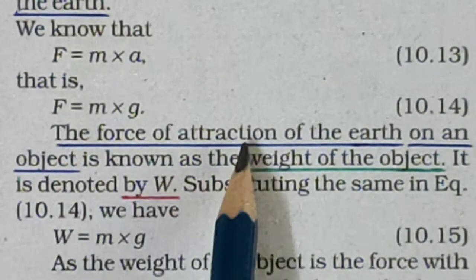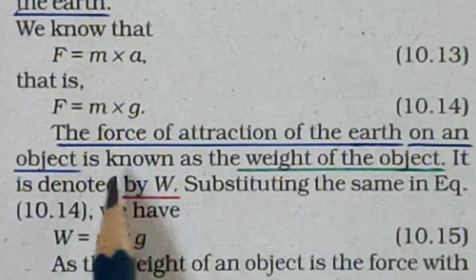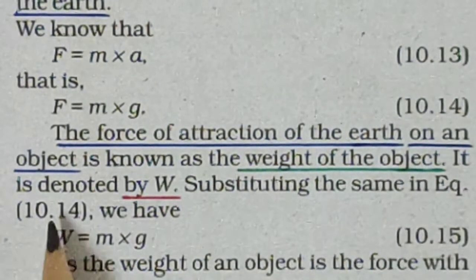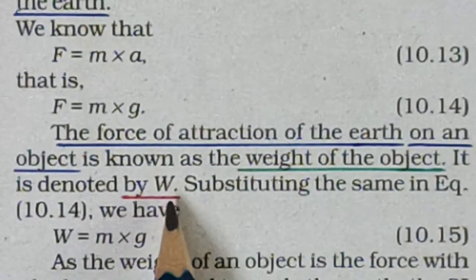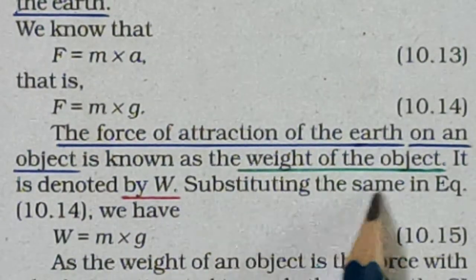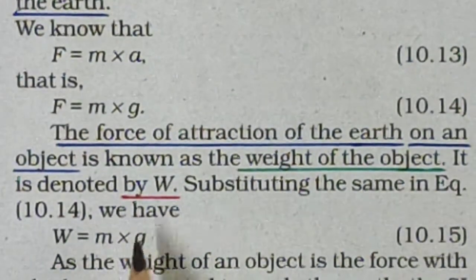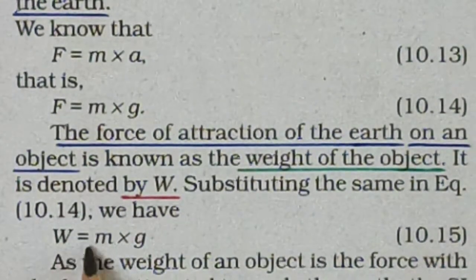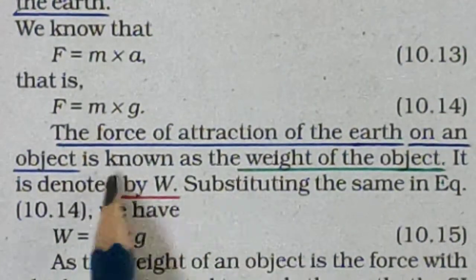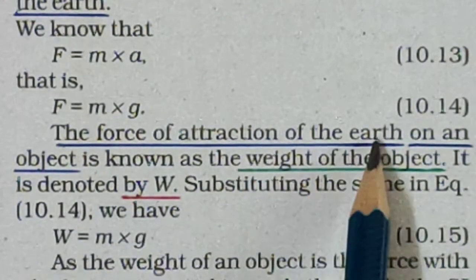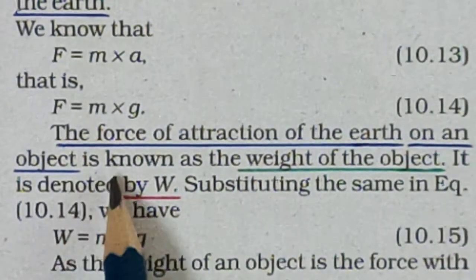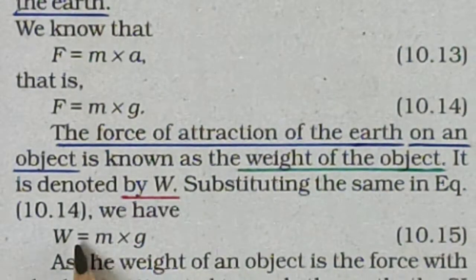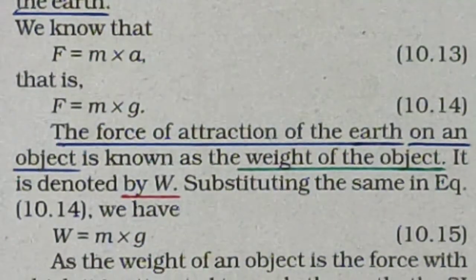The force of attraction of the earth on the object is known as the weight of the object. It is denoted by W. Substituting in the above equation, the force is nothing but the weight. Therefore, W is equal to m into g.